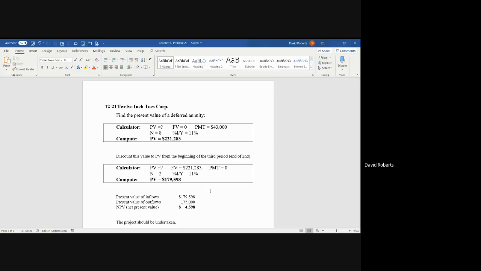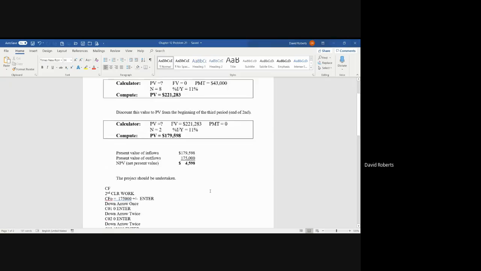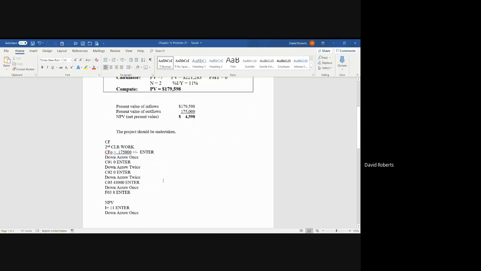And you wind up with a present value of the future cash flows of $179,598. Now, you then subtract the present value of the inflows, which is 175, and you wind up with a positive number of 4,598.